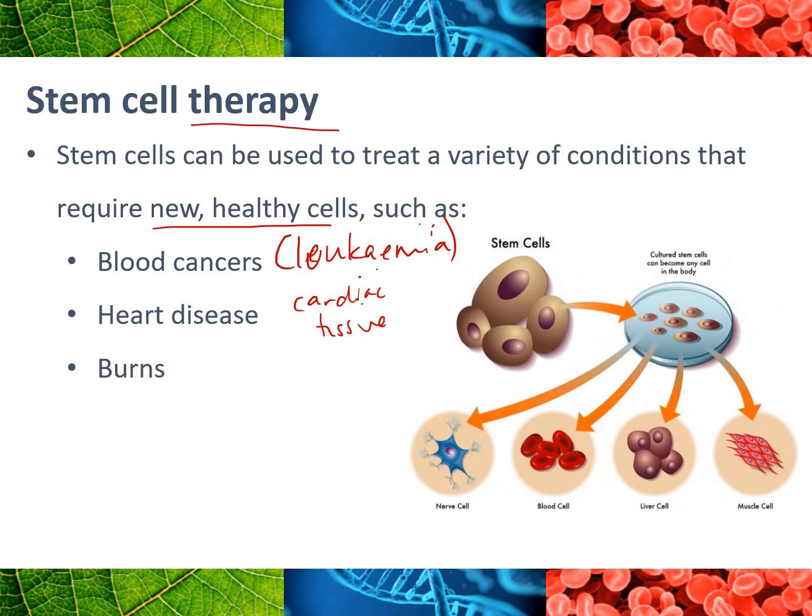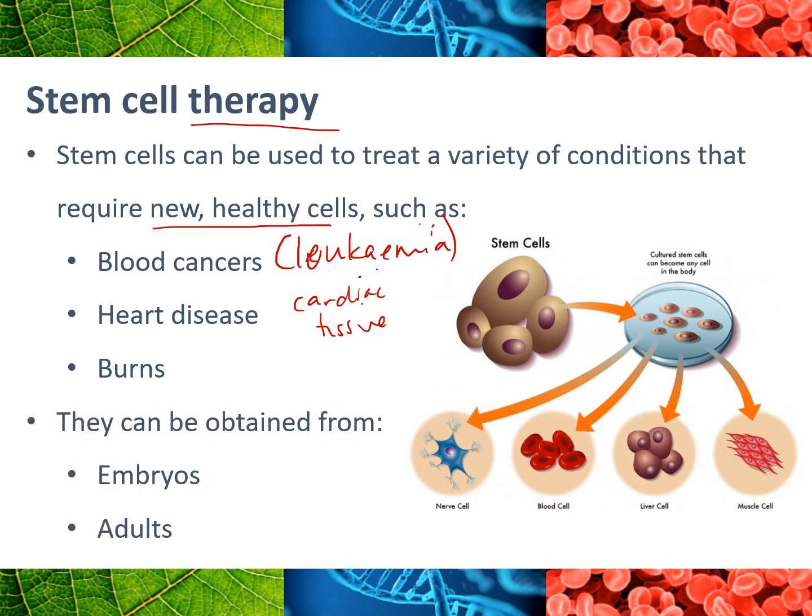Also really useful for things like burns. Skin cells themselves regenerate quite easily, but if the cells that produce skin cells get damaged, you can replace them with skin stem cells and that person will be able to regrow skin. So there's lots and lots of uses for them, and a little bit of controversy in how they can be used.